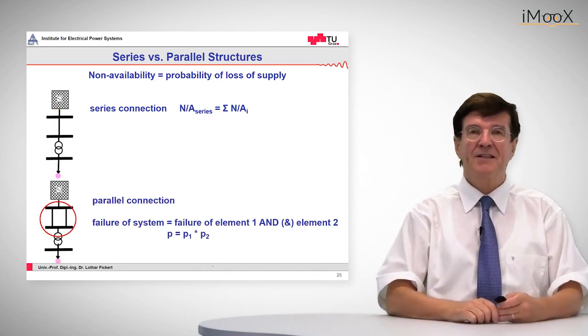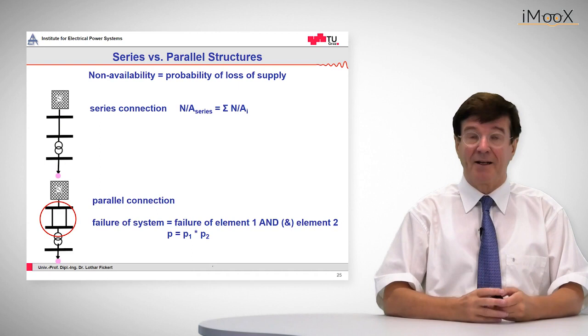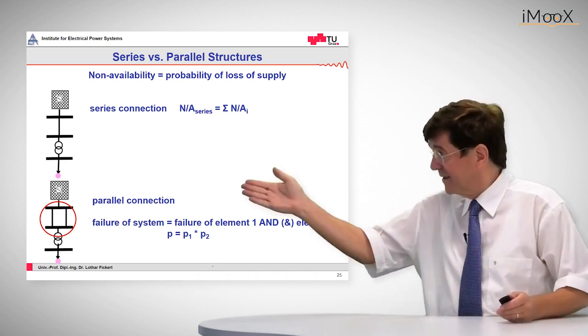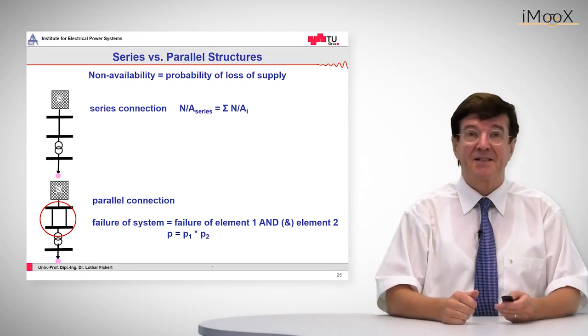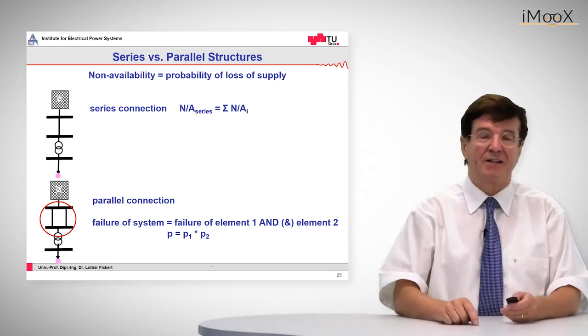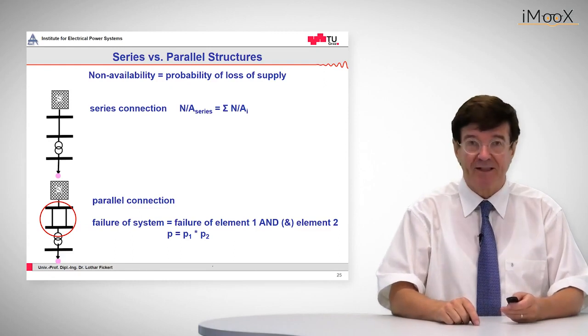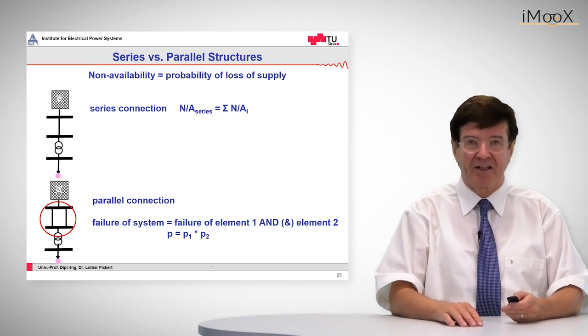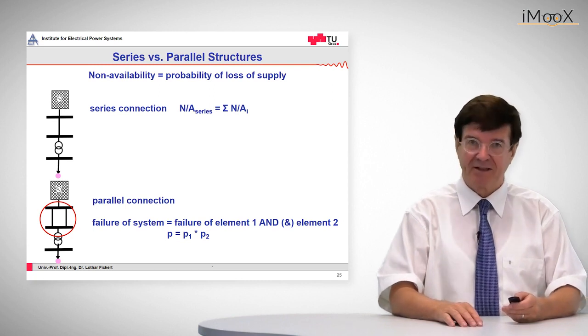In contrast, in order to apply the n-1 principle, we double, for example, lines, as indicated here. And the system now fails only if both lines 1 and 2 fail. That is, the product is the relevant quantity for the failure of these two parallel entities, parallel lines.